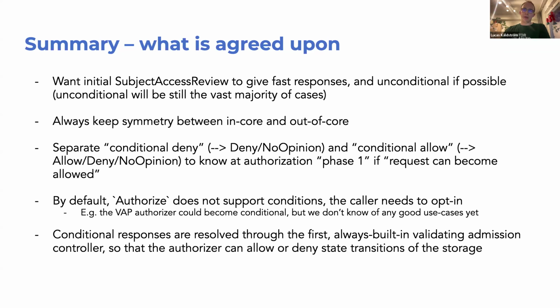And then we add a new always built-in validating admission controller that picks up whatever was left to do from phase one, and then resolves those with the actual state that we get.